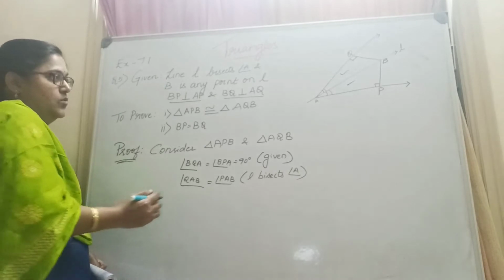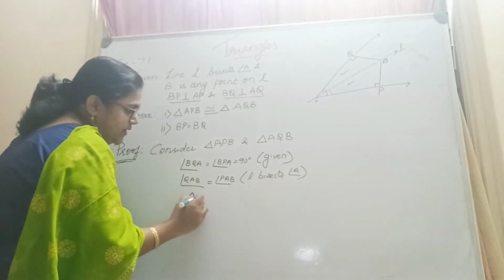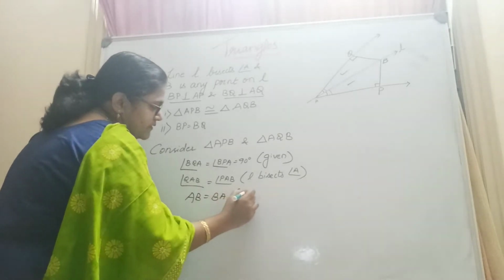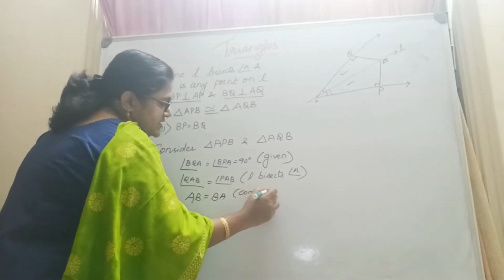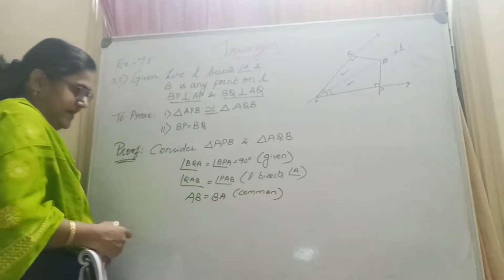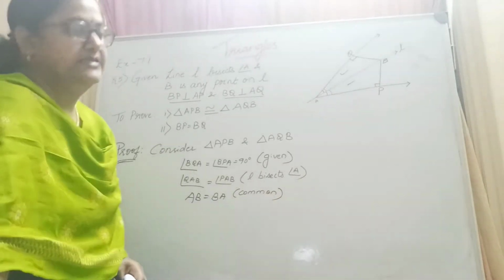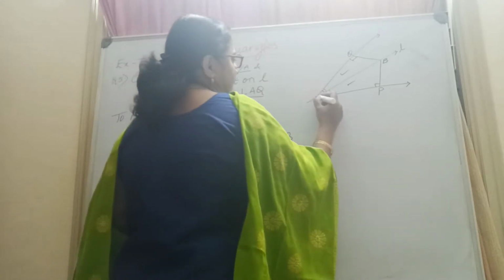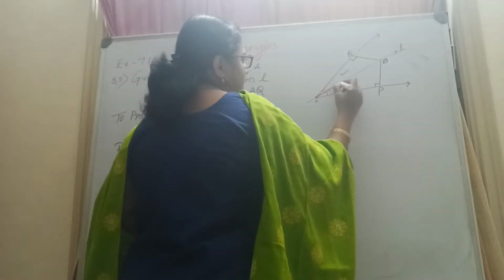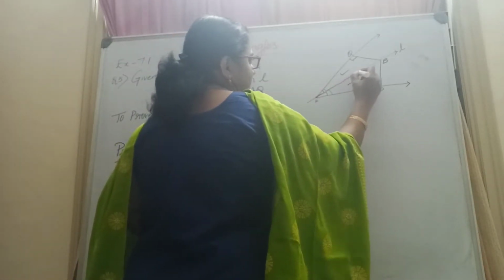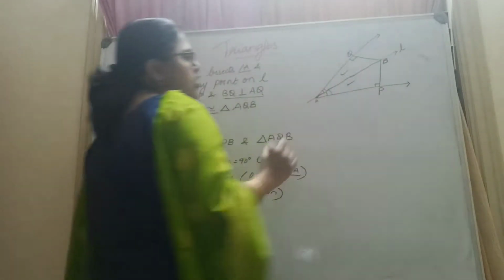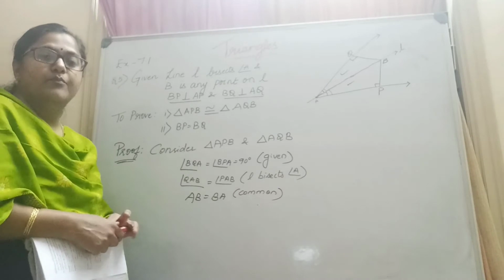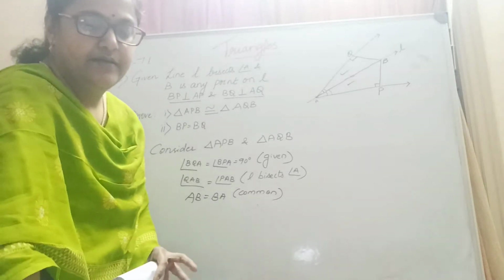Fine. Now AB is equal to BA. This side is common for both the triangles. If you notice, this side AB is a part of the line L. This is common for both the triangles, right?